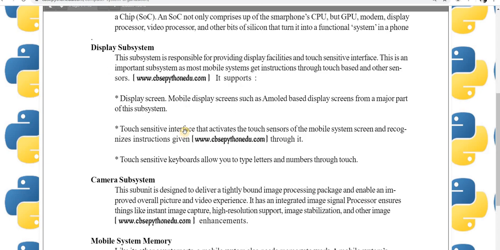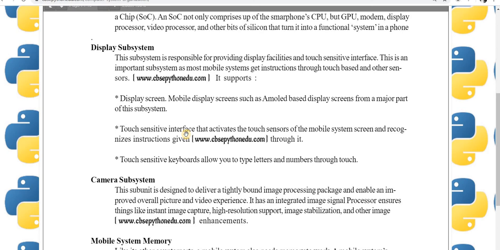Okay. Display subsystem. The subsystem is responsible for providing display facilities and the touch sensitivity interface. This is the subsystem which is responsible for the touch responses and the displays that we get from the mobile screen. This is an important subsystem. Most mobile systems get instructions through touch based and other sensors.